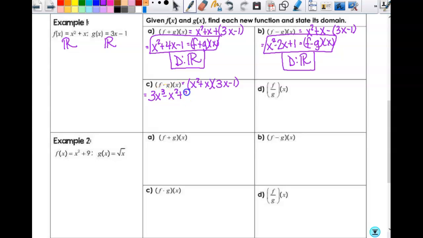Inside two would be a positive 3x squared. And last one is minus x. Can I combine some things here? Yep. So I get 3x cubed plus 2x squared minus x. That's equal to f times g of x. And my domain is still all real numbers.